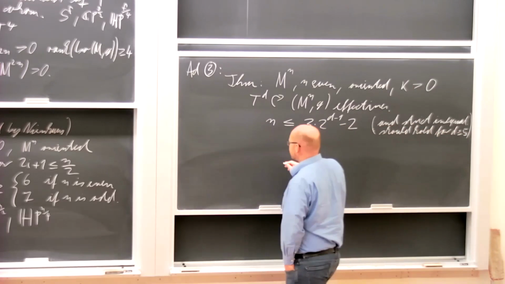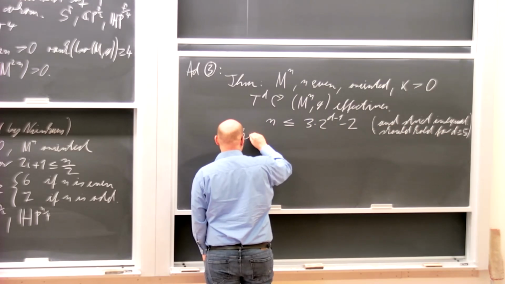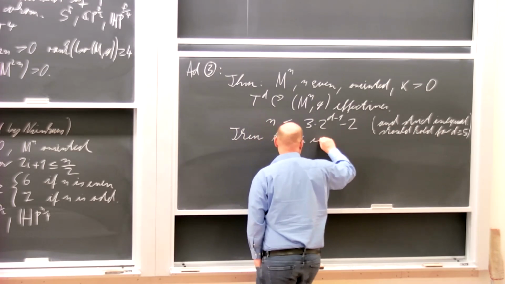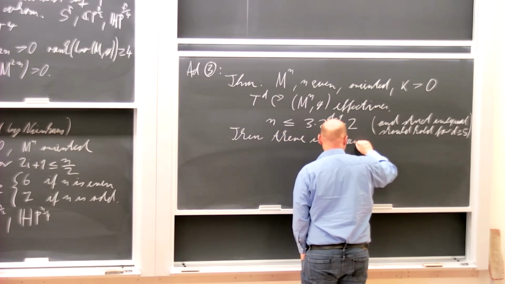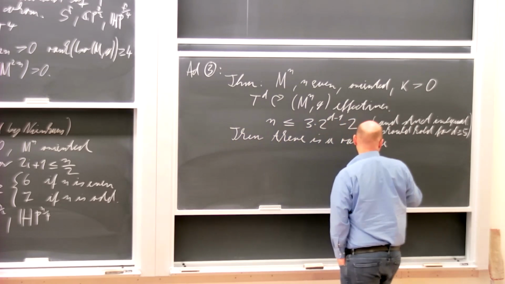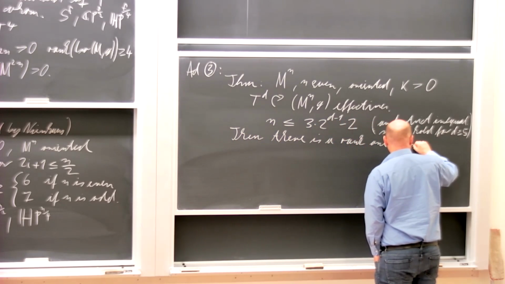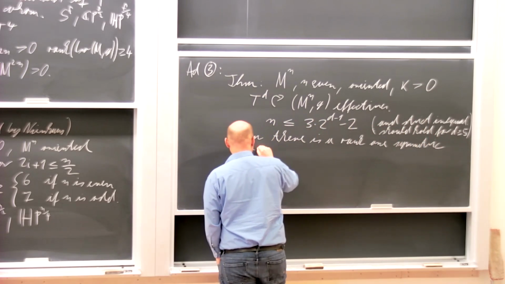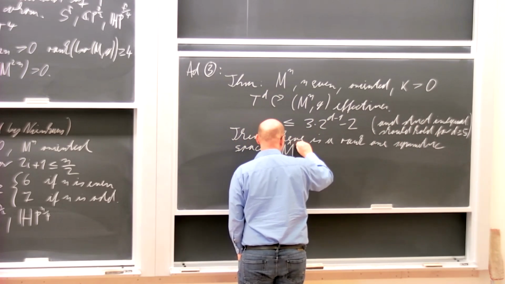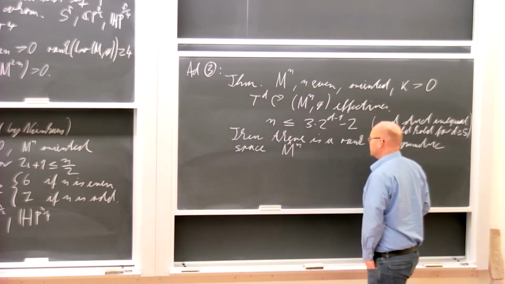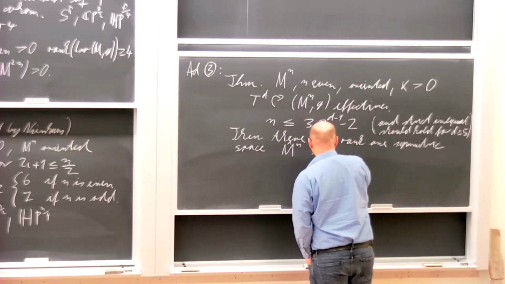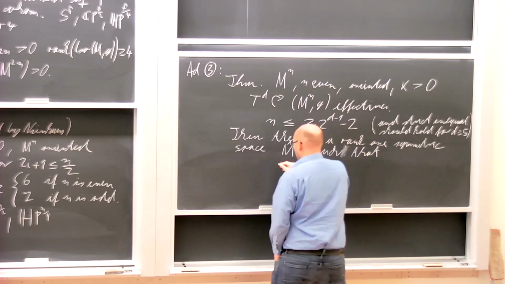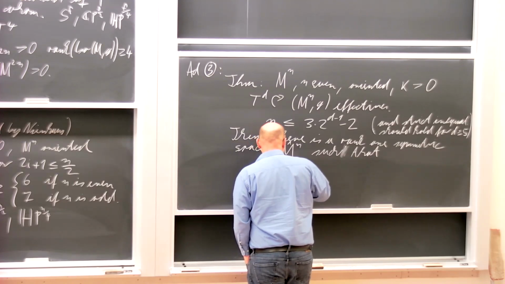Then the conclusion is that there's a rank 1 symmetric space M hat^n, also of dimension n, such that, first, the Euler characteristic is the same.